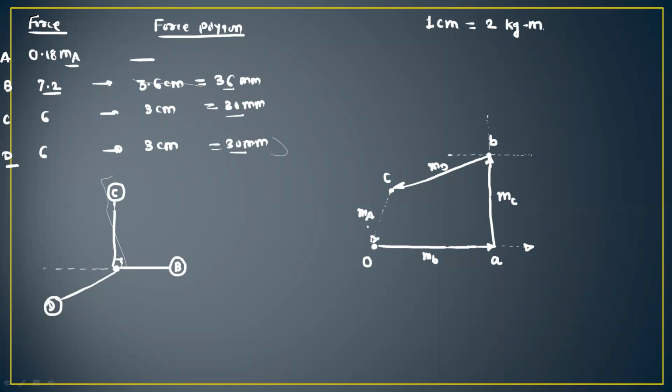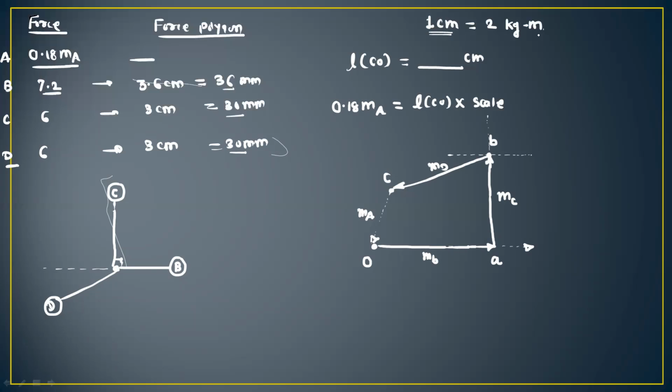Now measure this length CO in terms of centimeter, because we have taken the scale as 1 centimeter. Okay, so measure the length in terms of centimeter only, and equate this value 0.18 into MA. So this is actual force value. So this is equal to this length CO into the scale that we have selected.